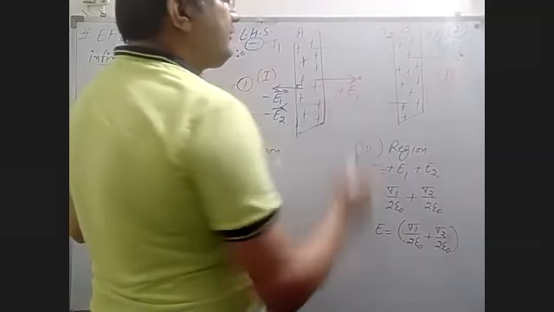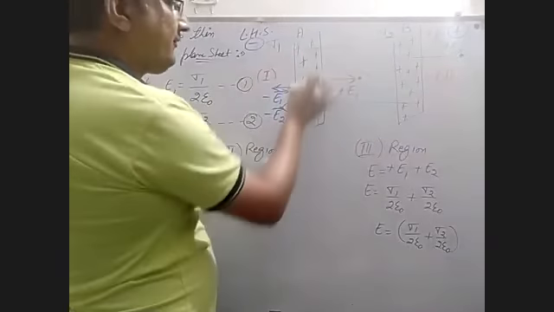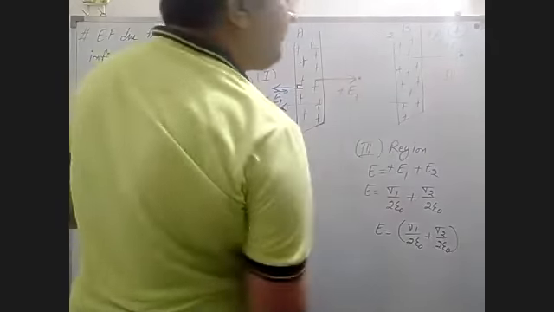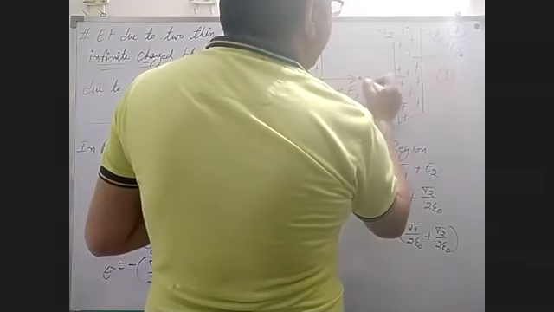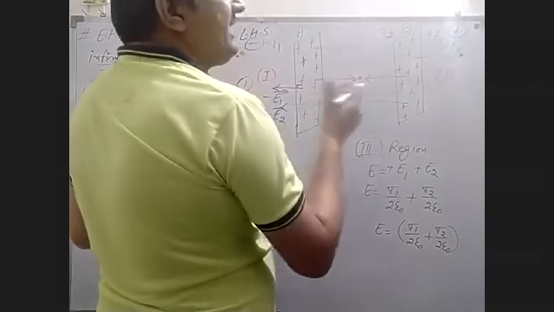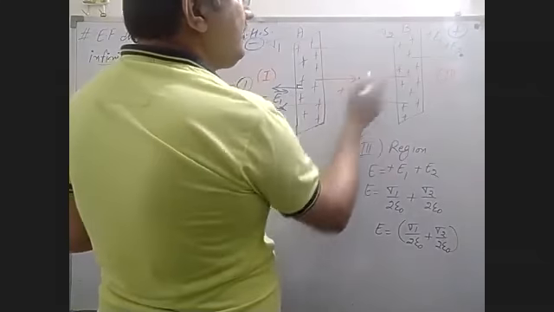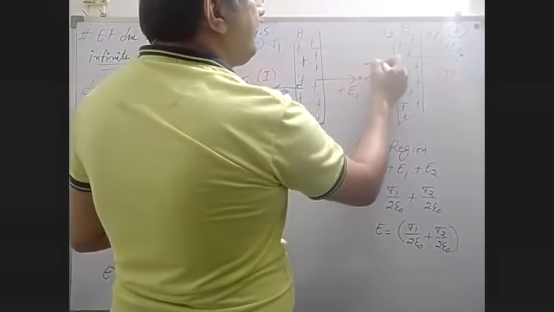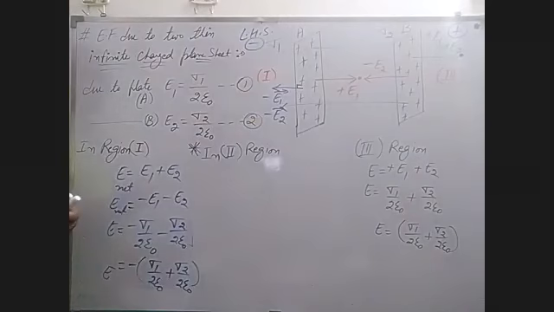You have to take this value with positive sign because it is to the right. Now from B, the electric field is in the left direction, in the backward direction, or you can say in the opposite direction of E1. Now you have to take the value of E2 with negative sign.